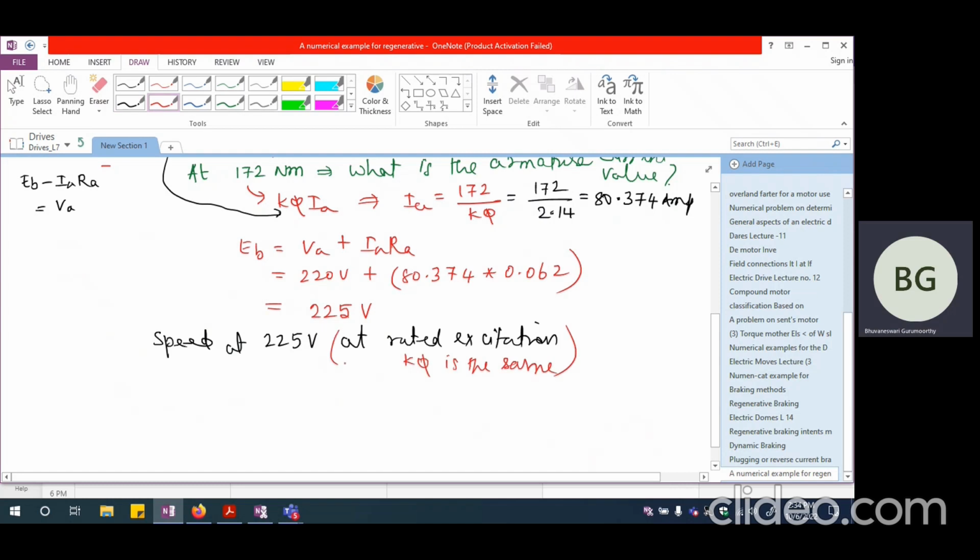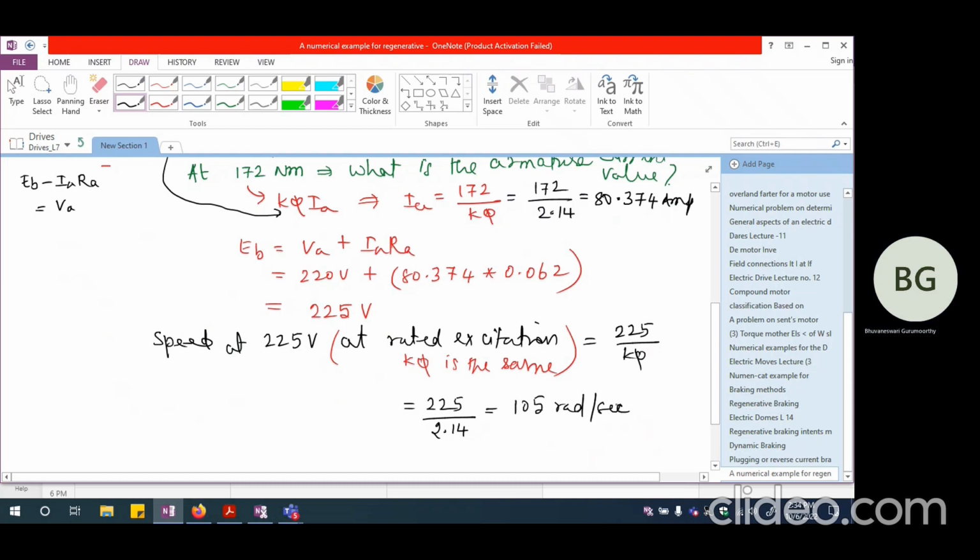So I should be able to write this as 225 divided by K5, which is 225 divided by 2.14, which is actually giving me 105 radians per second.